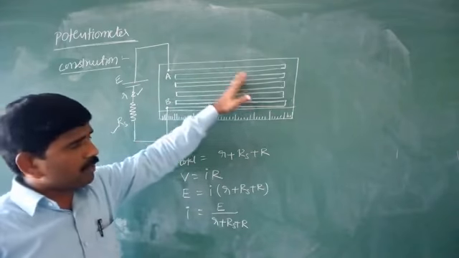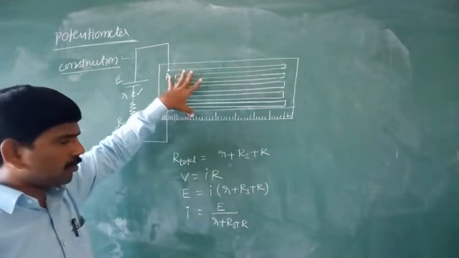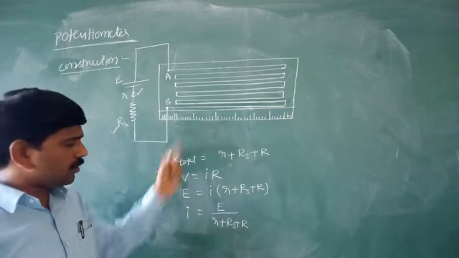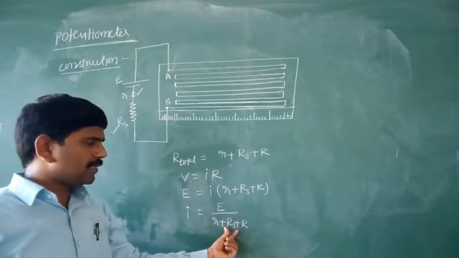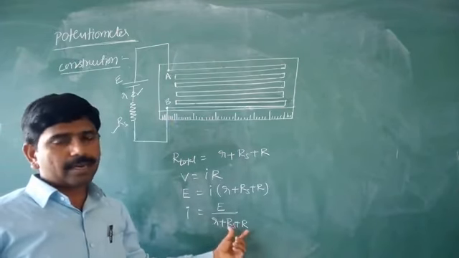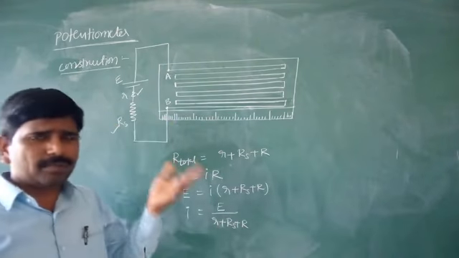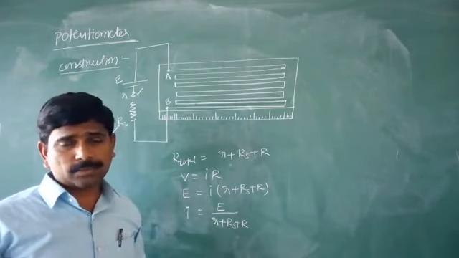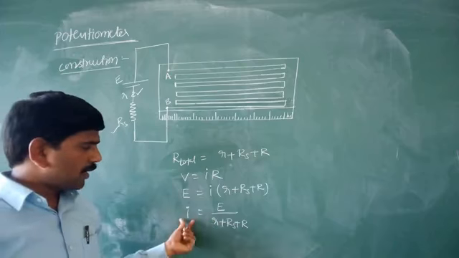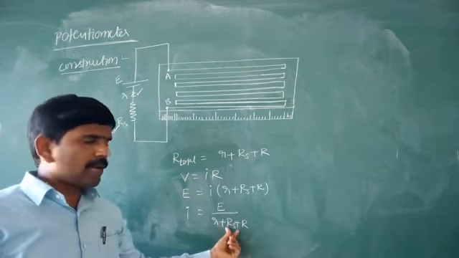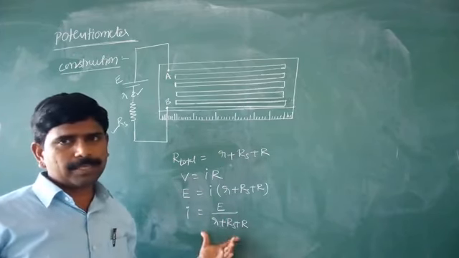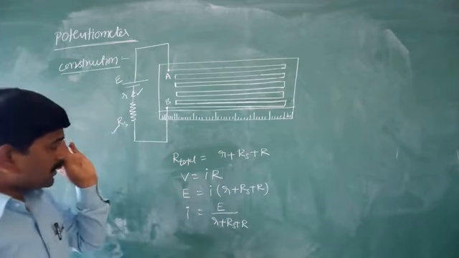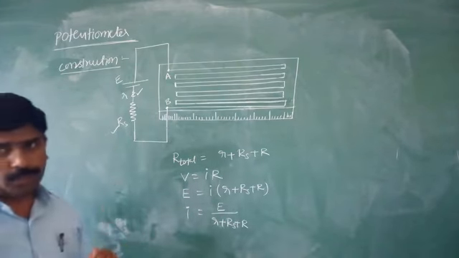So the current passing through this circuit is equal to E by small r plus Rs plus capital R. Generally, they may give an Rp resistance box also, no problem. So this is the construction of the potentiometer.